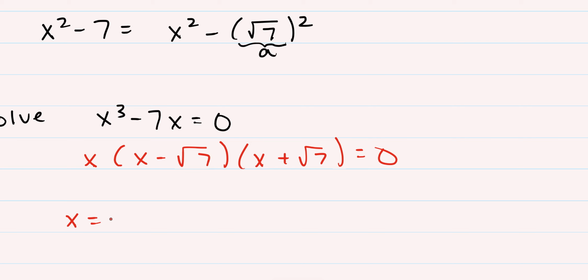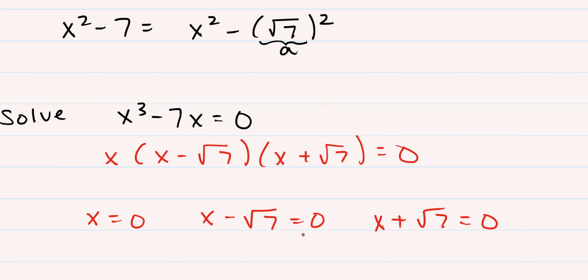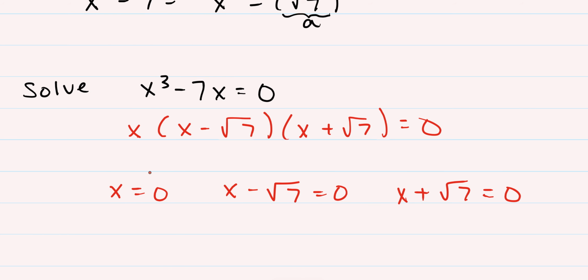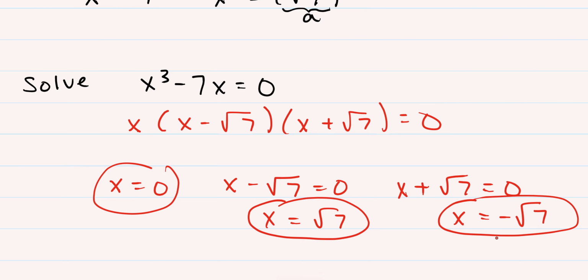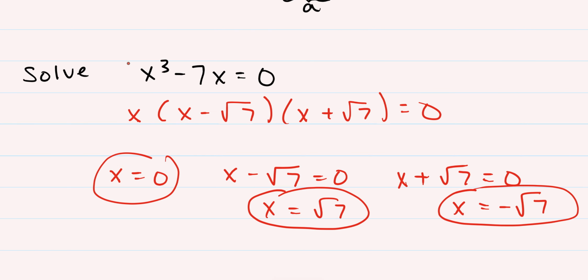So we have x is 0, x minus root 7 is 0, and x plus root 7 is 0. Move everything over. This one's already done. Move this one over, you get square root 7. So that's the second option. And this one is negative square root 7. That's your last option. So these three options, when you plug them in for x, will give you 0.